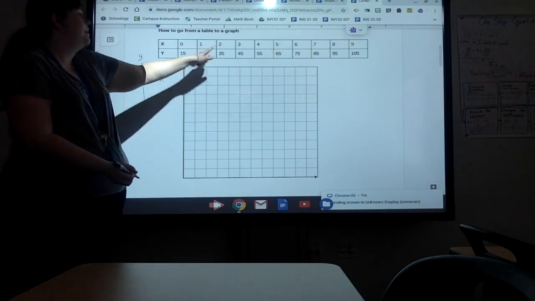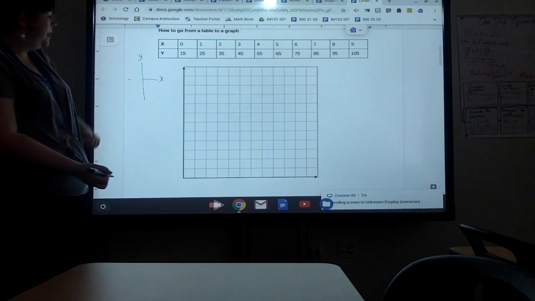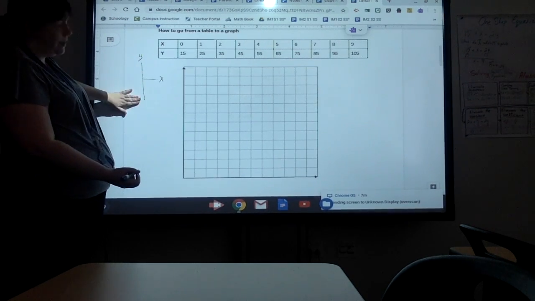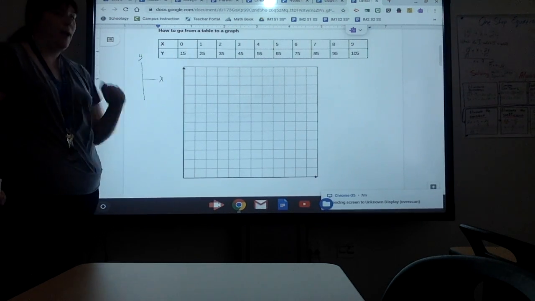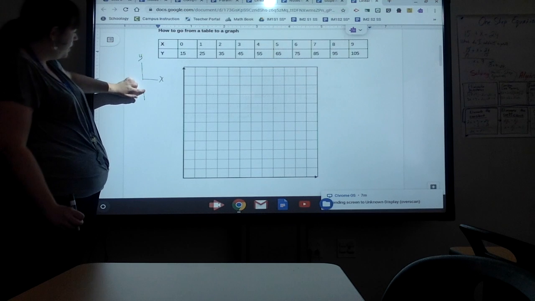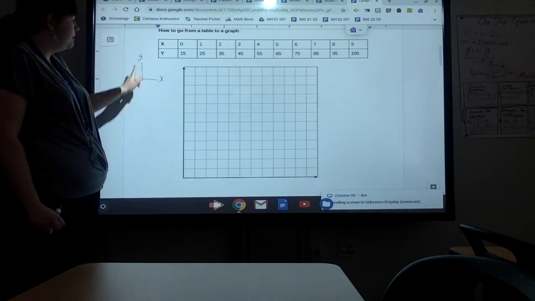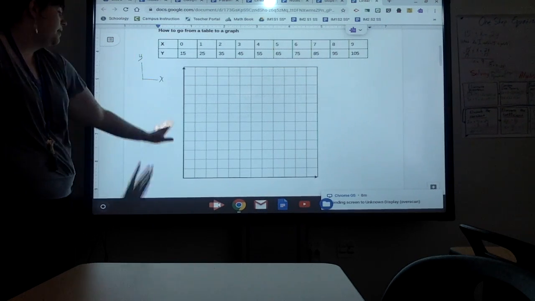But we don't have any negative x's, so I don't need the left side. Then, for the y's, above the line's positive, below the line's negative. However, there's no negative y's either, so I don't need the bottom. So sometimes you can have a graph like this that's just the positive x's and the positive y's. That's what we're going to make here.